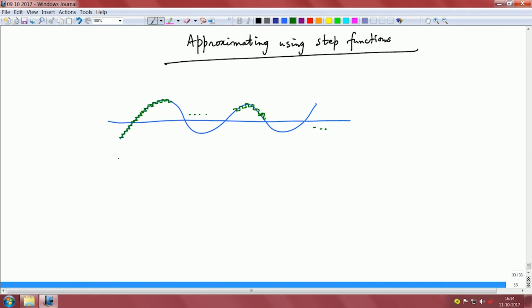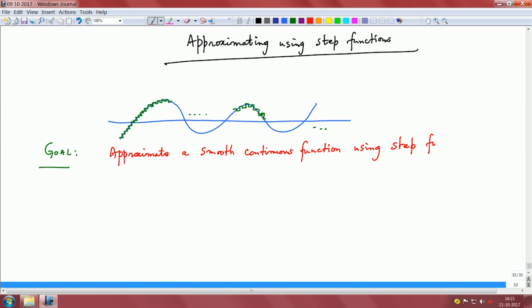Now our goal would be to approximate a smooth continuous function using step functions.